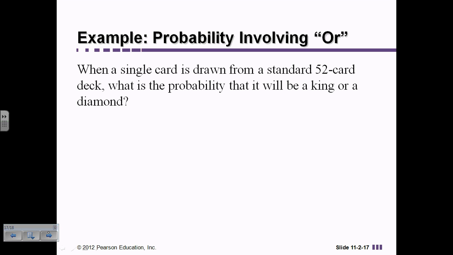Okay, so here's another example. You have a single card drawn from a standard 52 deck of cards. What's the probability that it will be a king or it will be a diamond? So the probability of kings is 4 cards out of 52. The probability that it is a diamond would be 13 cards out of 52.